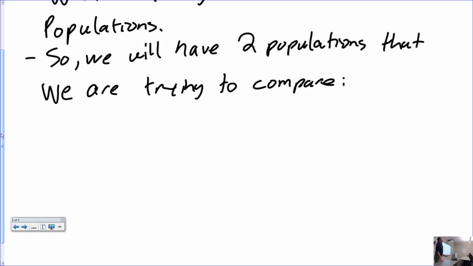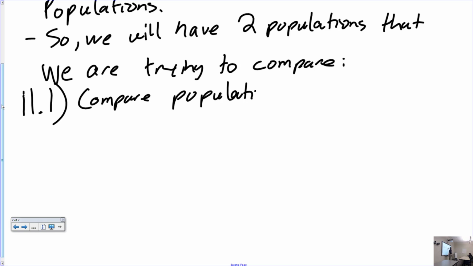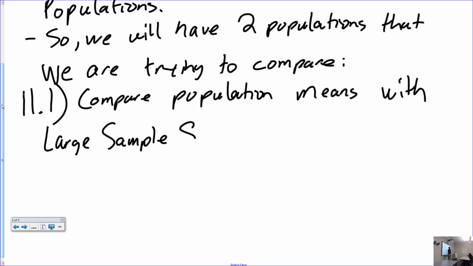So think about back to chapter 9, when we were doing confidence intervals. What types of confidence intervals did we do first with two populations? We tried to compare two populations that had large sample sizes, all right? So 11.1, compare population means with large sample sizes.